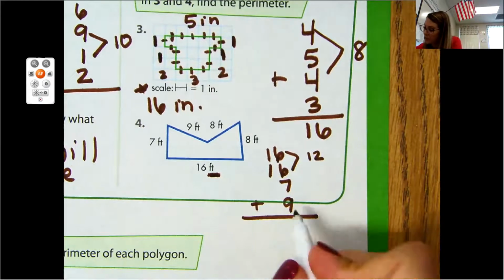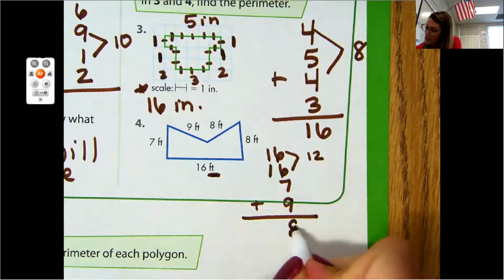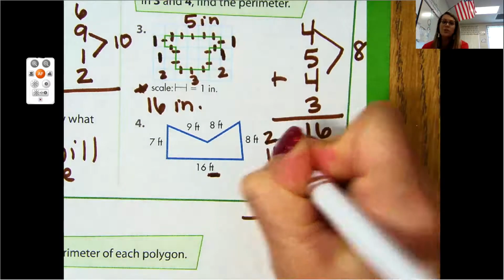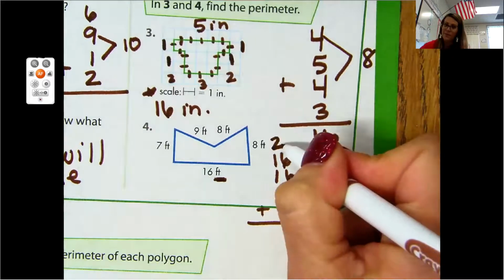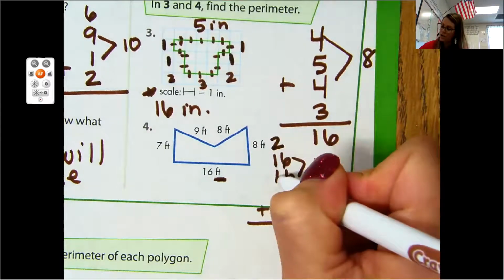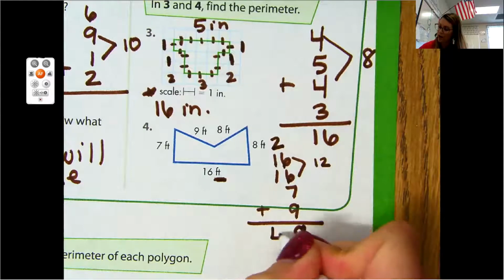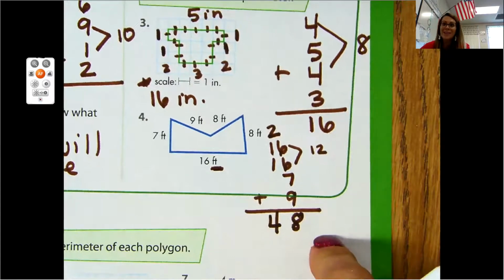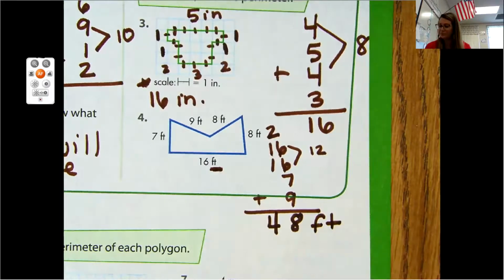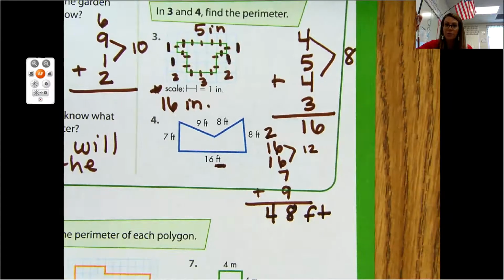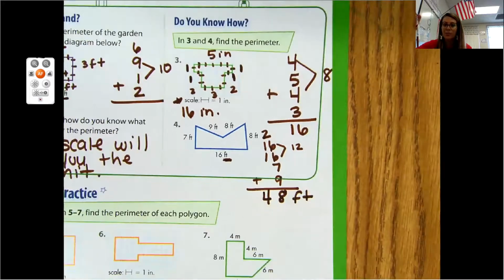So we know we're going to put down the 8 and carry the 2. And then in our tens place, we have 2, 3, 4. So you should have gotten 48 what? 48 feet.